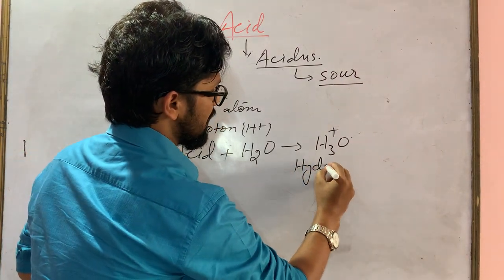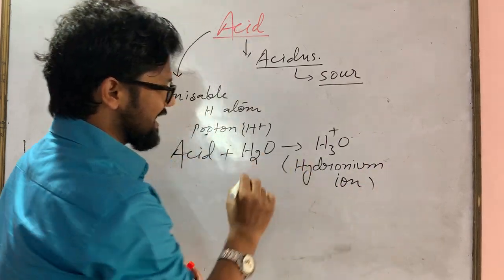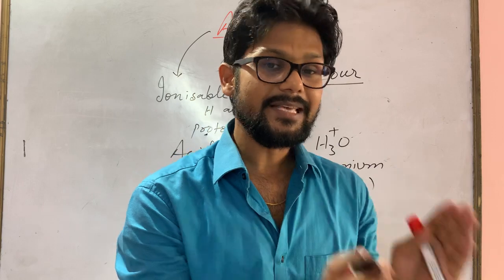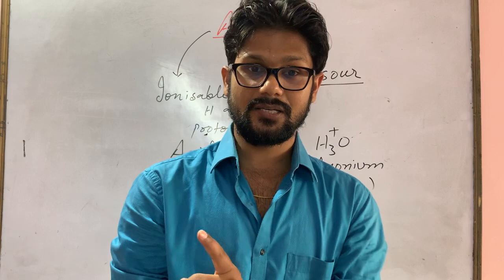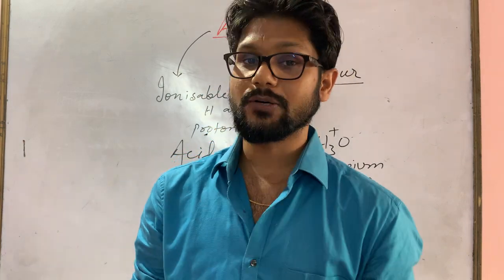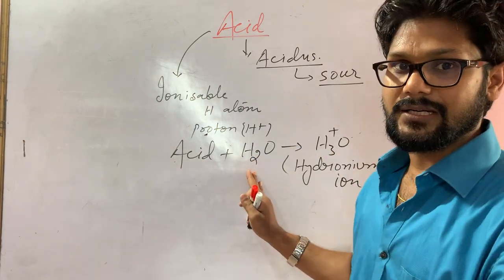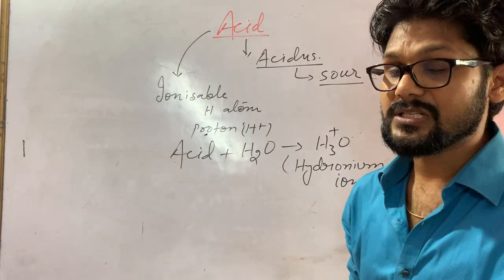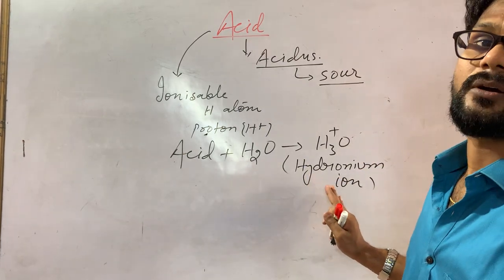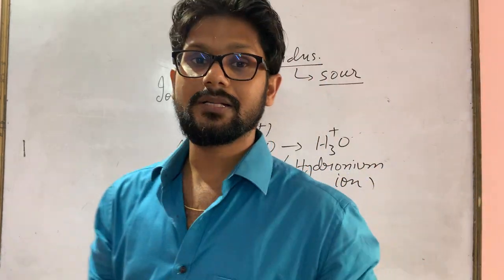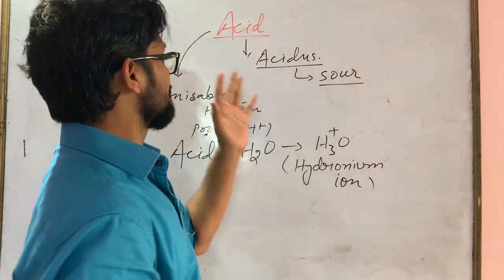This is called hydronium ion. You can add this in the definition. Acid is a compound which contains at least one replaceable hydrogen atom, and when it reacts with water, it produces a positively charged ion that is known as hydronium ion. So you must learn the definition of acid. Have you understood? Okay, good.